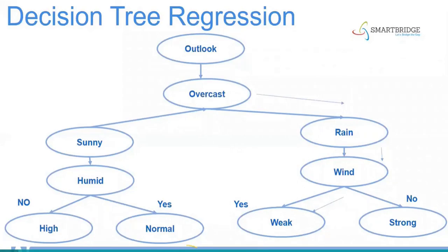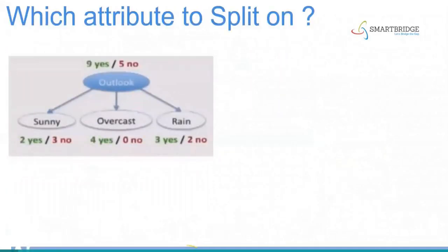So did you ever hear about entropy? So now which attribute to split on, whether it is outlook, wind, or humidity, is purely based on entropy. So can you please tell me what you know about entropy?